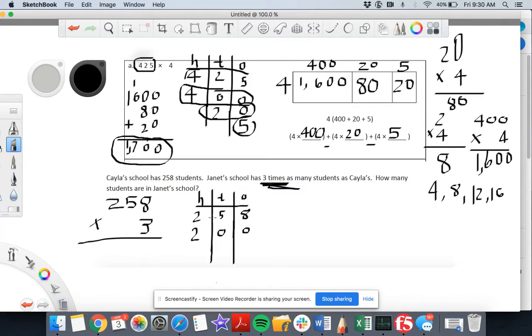Moving on to this 5, or it's 50, because it's in the tens place. How many place values are after the 5? Well, just 1. So I'm going to add that 0. And then I have this 8. How many place values are after the 8? Well, none. So no zeros I need to add. So now I have 200 and 50 and 8. And I'm going to multiply all of that by 3.